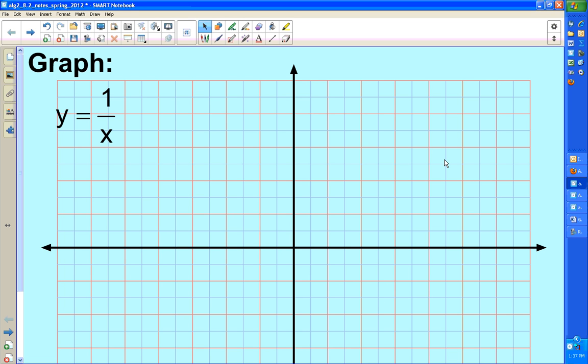If you were to plot some points for this graph, tell me some points that are on this graph. 0, 0 is not on this graph.